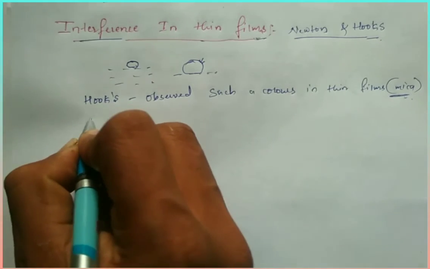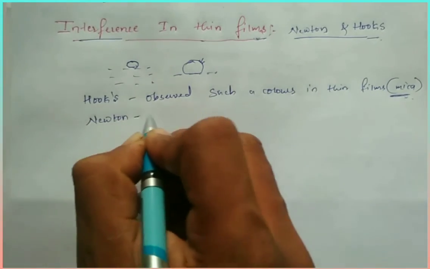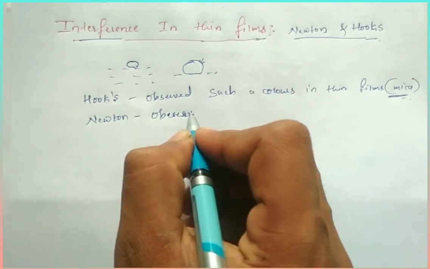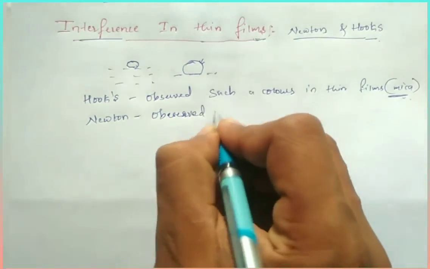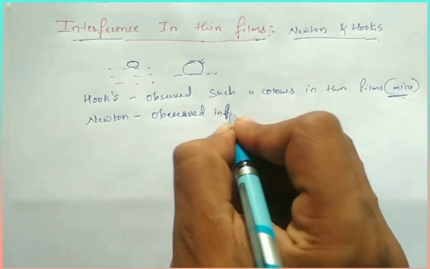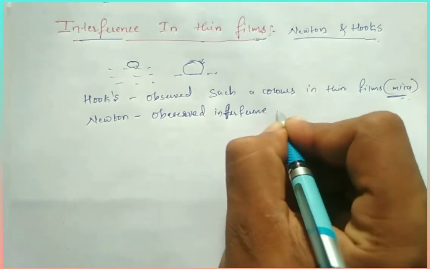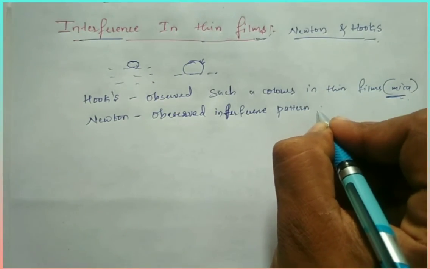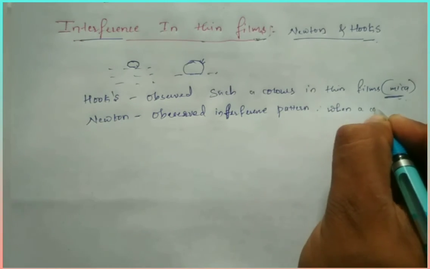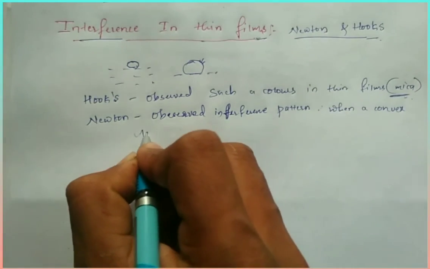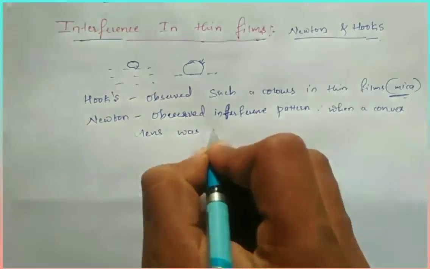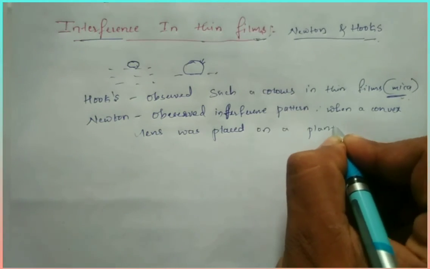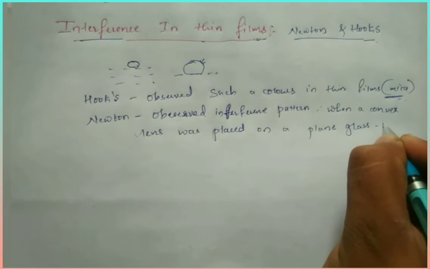Another scientist, Newton, observed an interference pattern when a convex lens was placed on a plain glass plate.